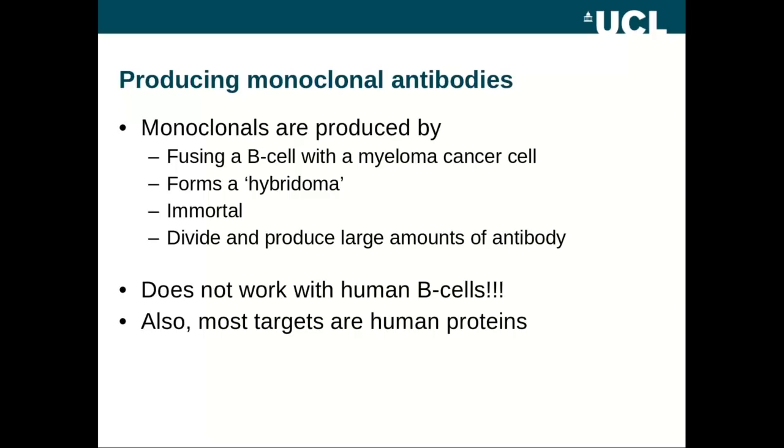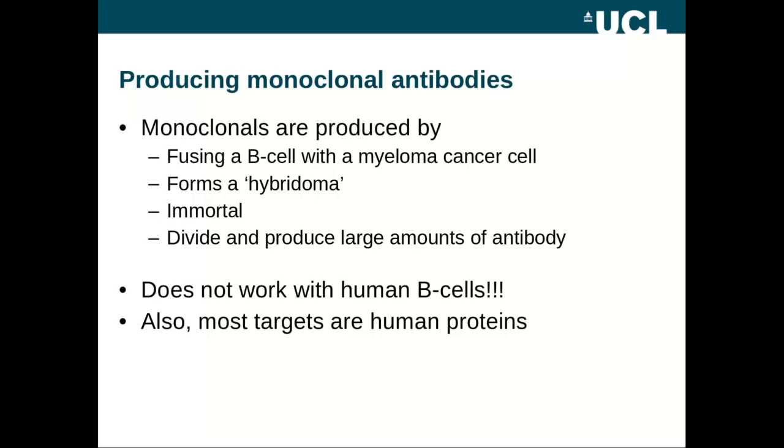This forms what's known as a hybridoma, and this is immortal. It carries on dividing and producing large amounts of antibody. However, this process doesn't work with human B cells. Nobody has managed to find a cancer cell line that will fuse properly with a human B cell.